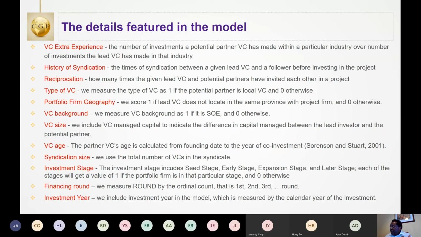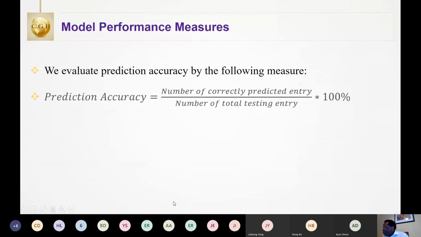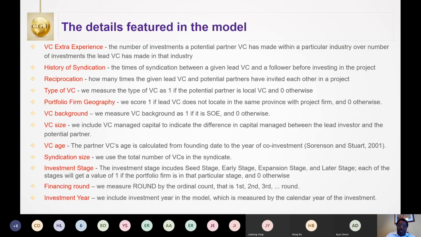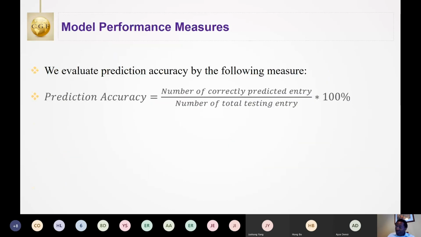Each of these stages is given a value of 1 if the portfolio firm is in that particular stage, and 0 otherwise. And then the financing round, we measure by the ordinal count, 1, 2, 3, and so forth. And the investment year, we include in the model, measured by the calendar year of investment. So the model captures all these important factors here.